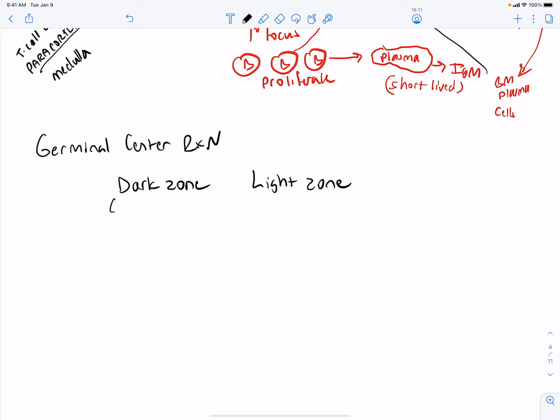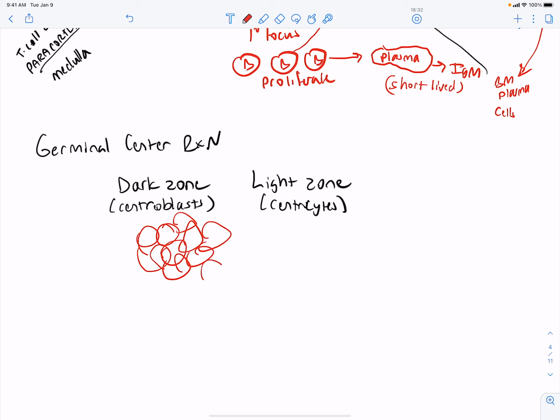And so in the dark zone, you're going to have centroblast. And light zone, centrocytes. And so the dark zone is basically massive proliferation. And it looks dark because the cells are basically on top of each other.